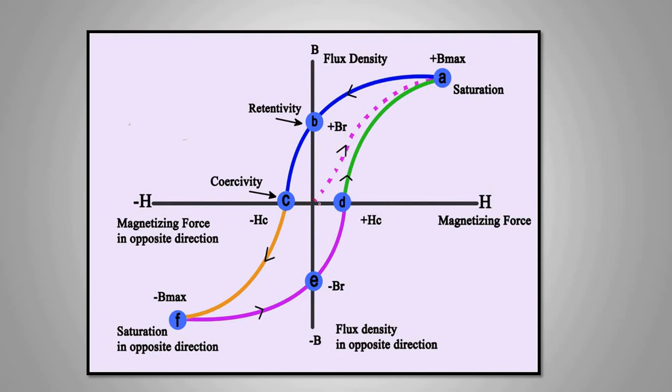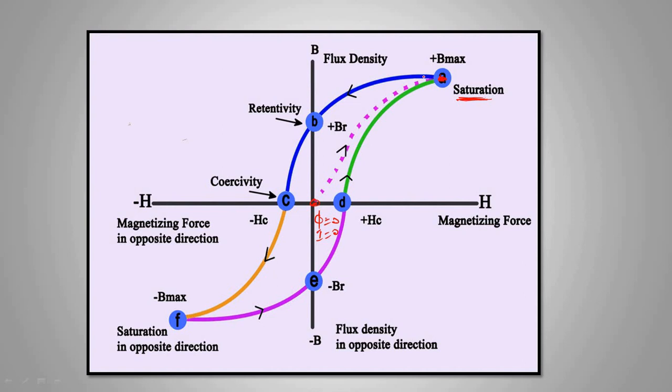At this point the flux is equal to 0 initially, and the magnetizing force or the input current is equal to 0. If you are increasing the current, the magnetic dipoles start to orient in a particular direction. At some point all the dipoles are in a particular direction, that we will call saturation. There are no more dipoles to orient in a particular direction.